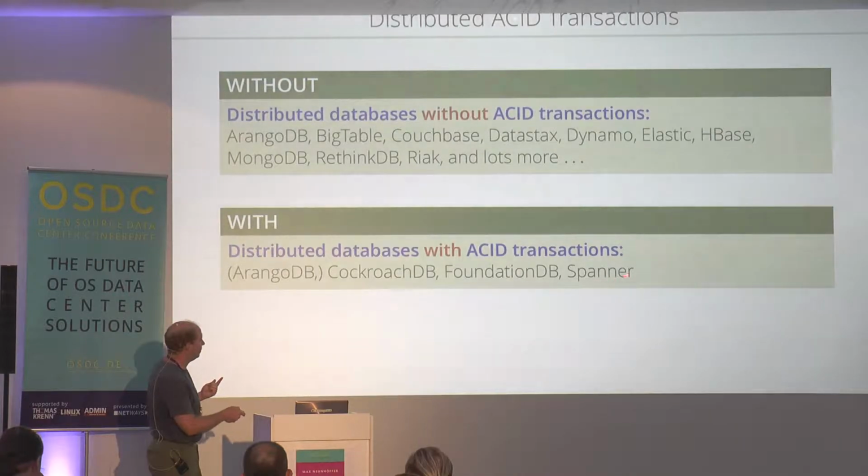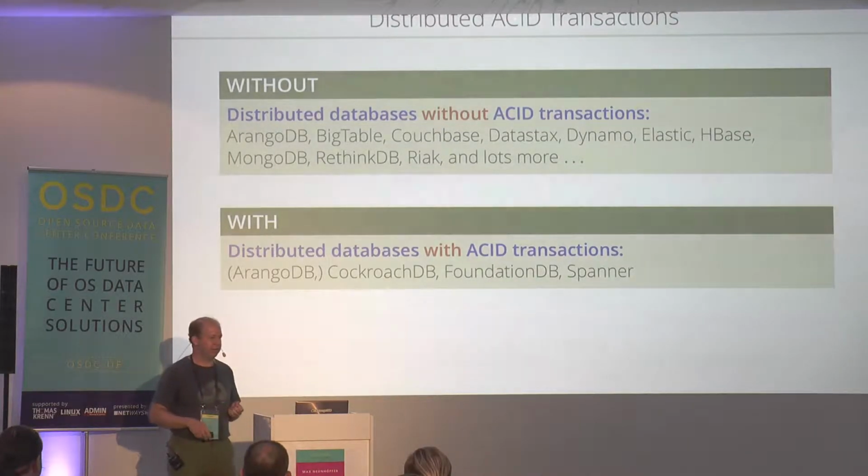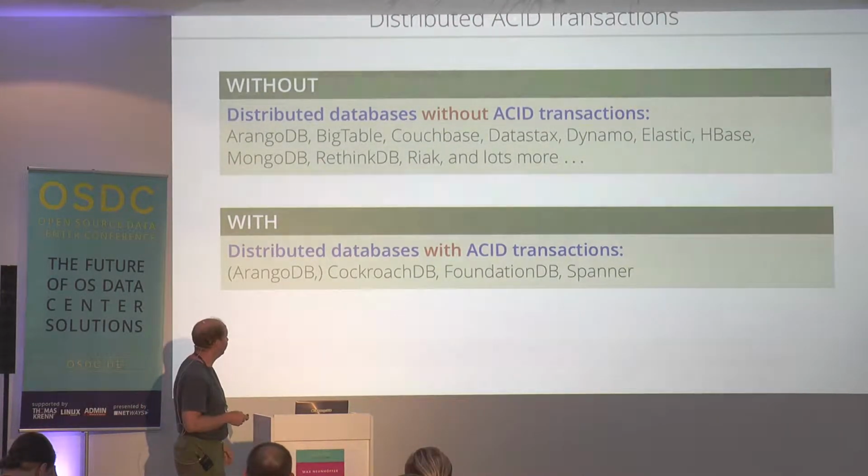Maybe the most traditional one is Spanner, Google Spanner, famous paper. They actually pull off distributed transactions with atomic clocks and very tricky things with consensus and timestamps and so on.